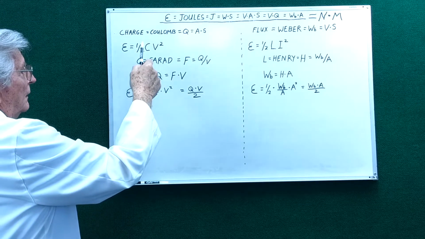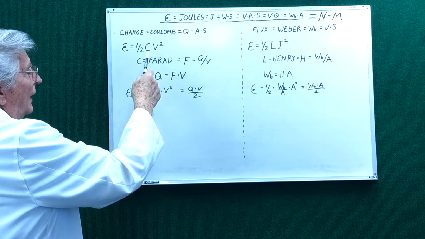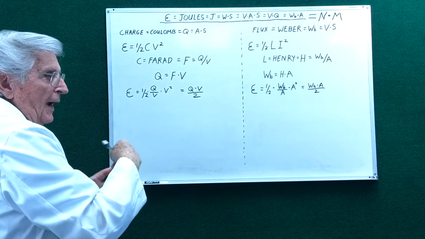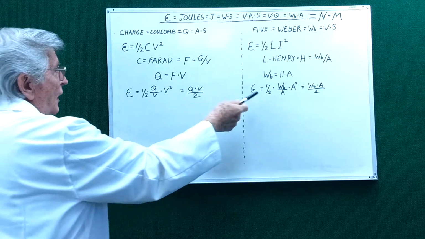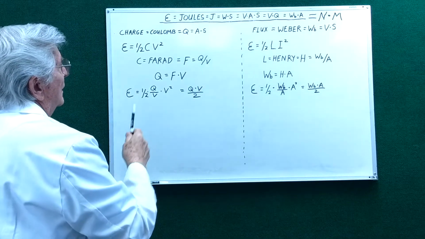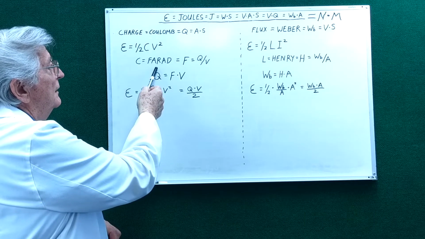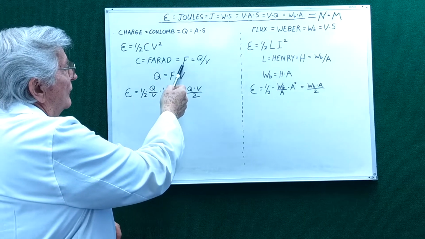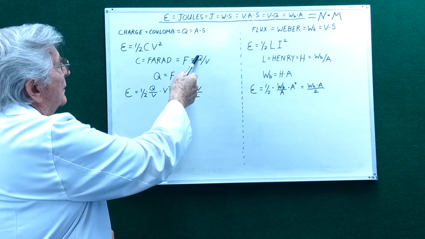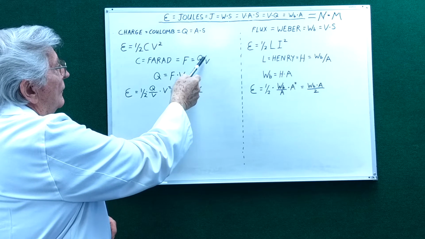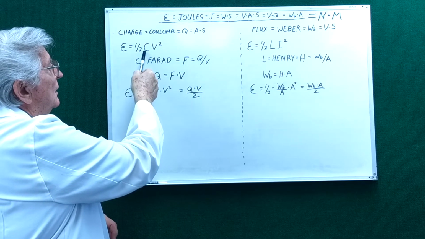Now we can sort of double check some things here and see what's actually going on with the energy storage in these components. The unit for capacitance is the farad, and a farad is a coulomb per volt. So we can put this in place of the C in this equation.